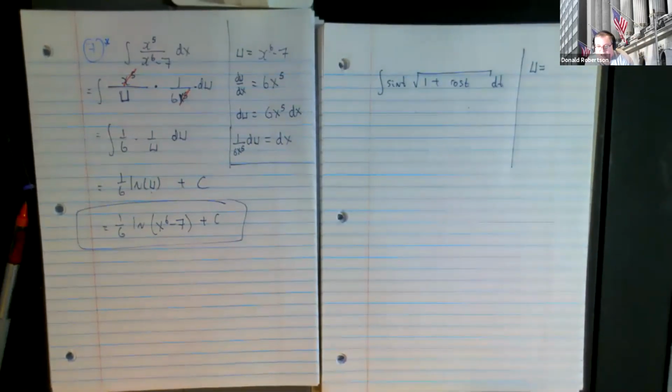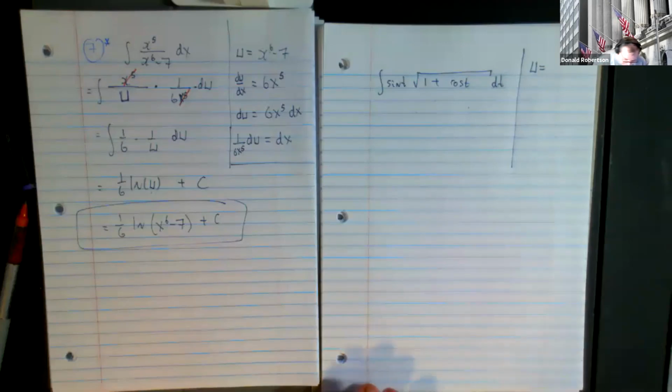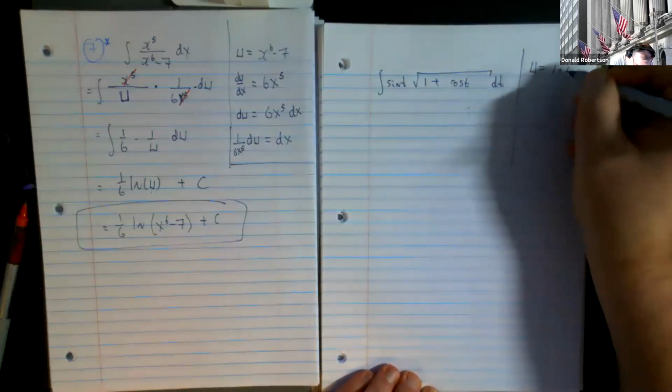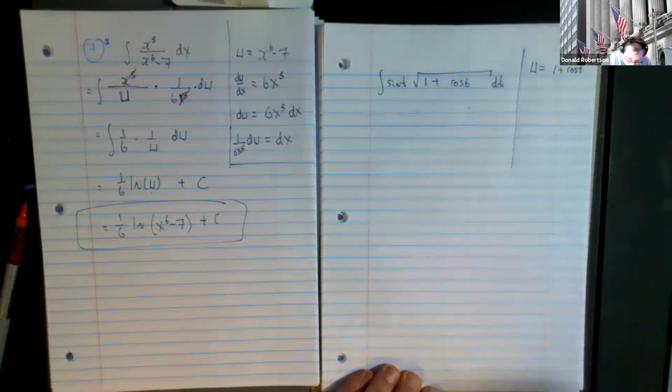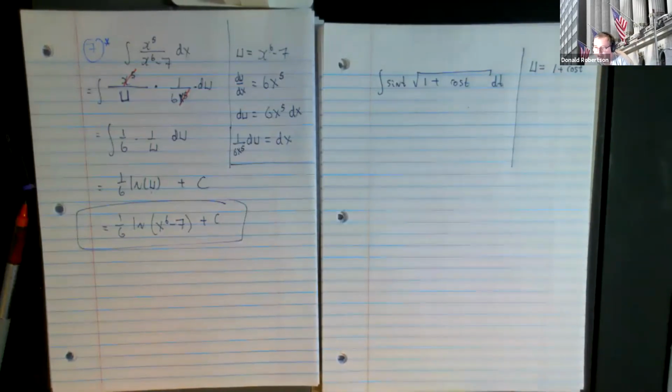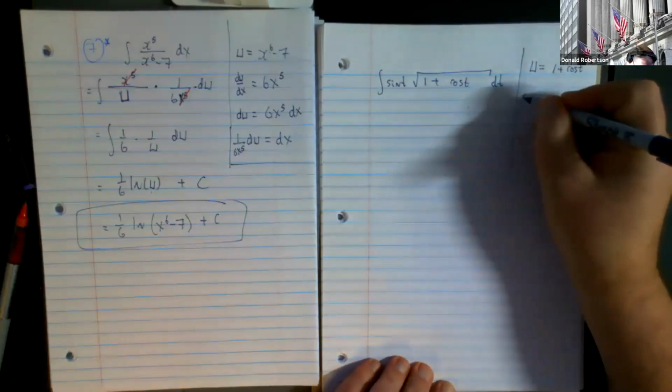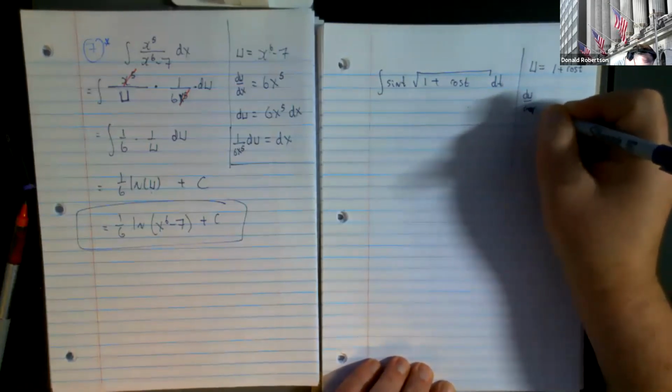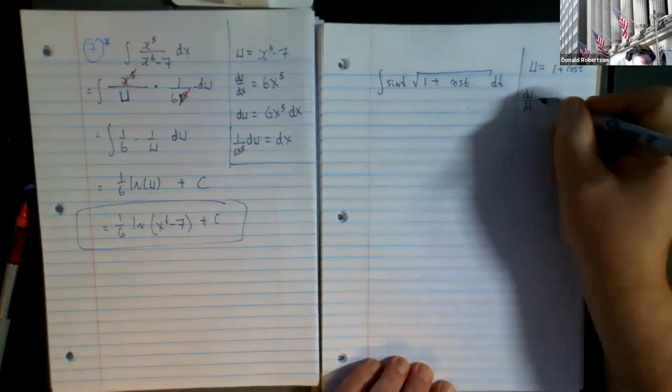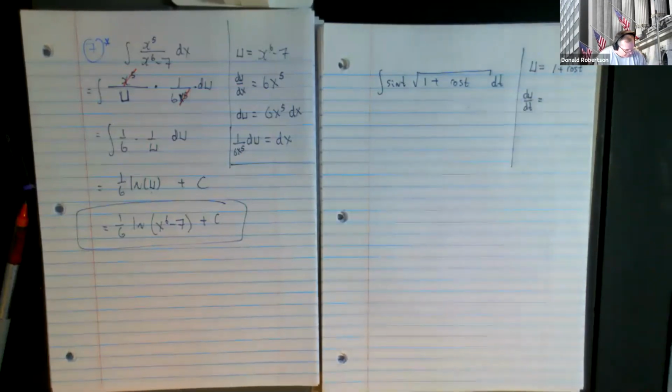Do you recognize that this has a pretty obvious use of a U sub? We did do it a few minutes ago. I can't remember who it was, but someone told me it was 1 plus cosine t, and they were right. Now I'm going to differentiate u with respect to t, because that's the major variable. What do you get if you differentiate a cosine?